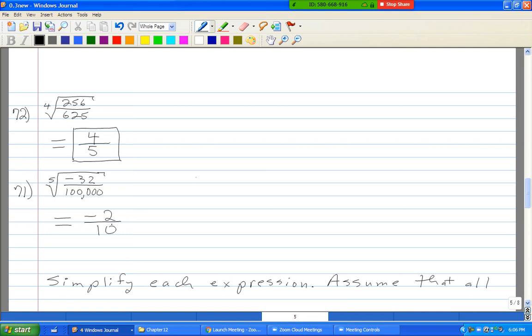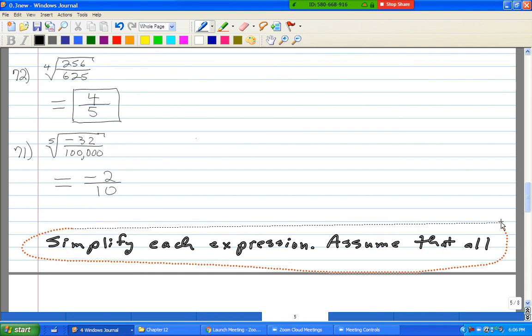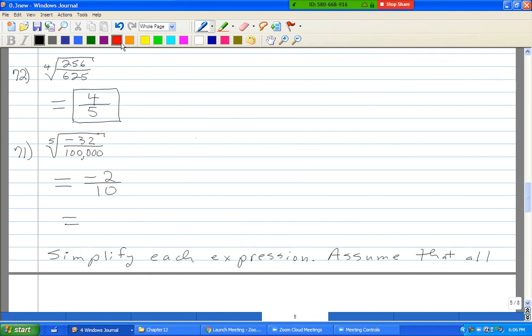Next, the 5th root of 100,000 is 10. 10 times 10, 100, times 10, 1,000, times 10, 10,000, times 10, 100,000. Well, you can actually simplify this. I can divide both 2 and 10 by 2. So this is just negative 1/5. And that is your answer.